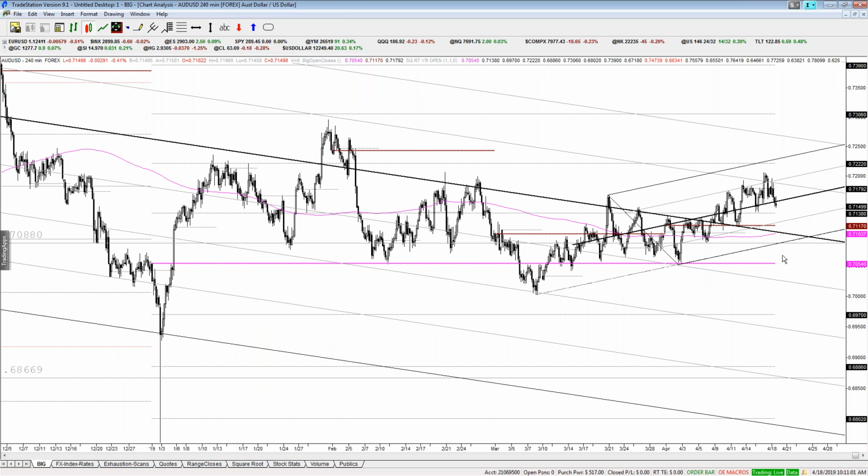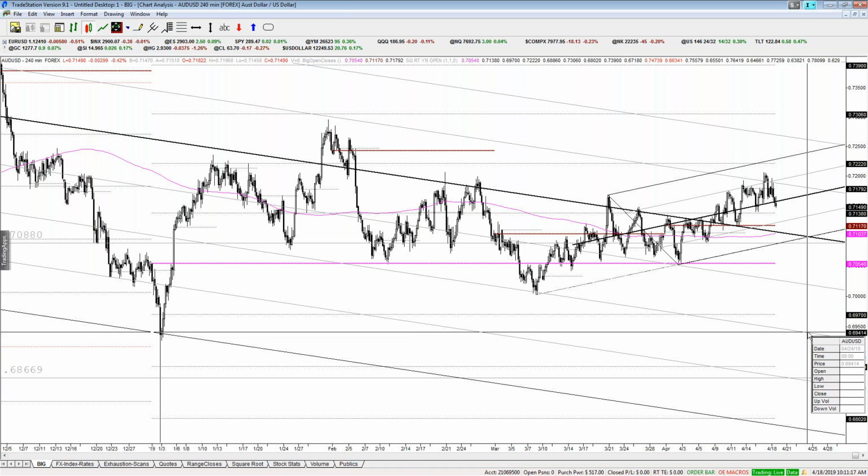In terms of bigger picture stuff, you're still within this channel, and the important level for a bigger break is going to be about 71 right here. And if that goes, then you're talking finally maybe a bigger move to the downside.